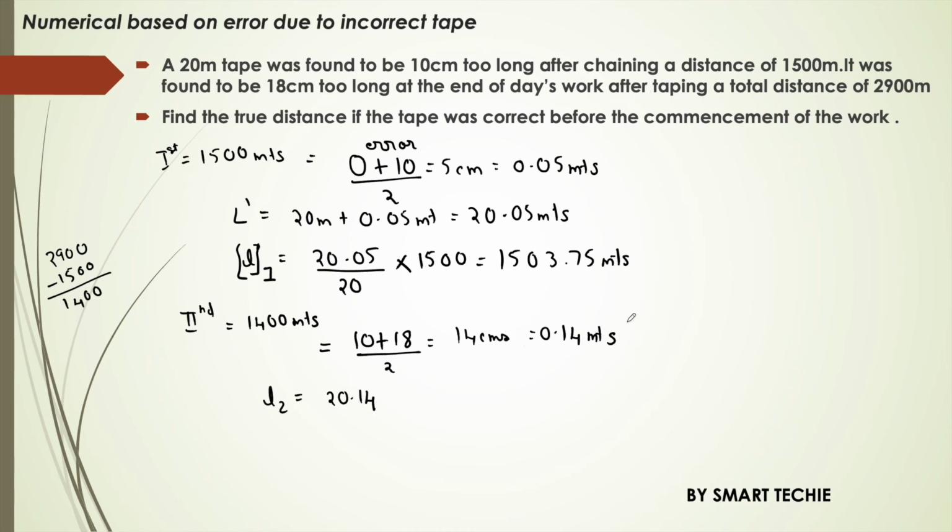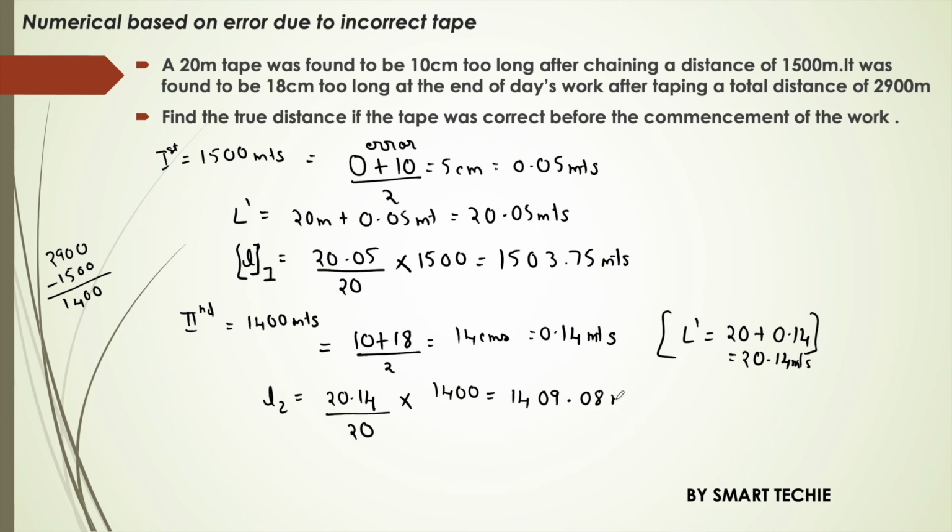Here I have found the incorrect length of the tape, which will be 20 plus 0.14, that is nothing but 20.14 meters. So it will be nothing but 20.14 divided by 20, into my distance 1400, which gives me the value of 1409.8 meters. So this is my second length.